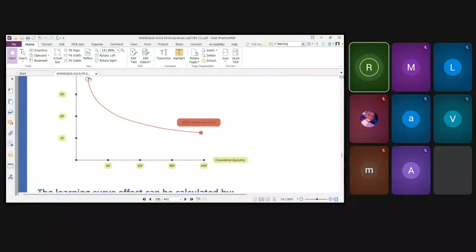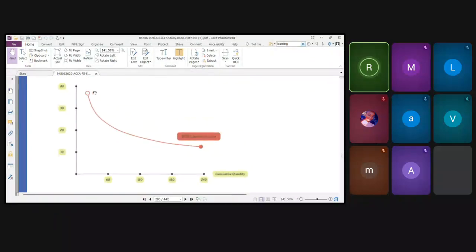It means that our average time, which is the average time on this vertical axis here, is falling by a certain percentage. So you still learn up to a time where there is a dot here.